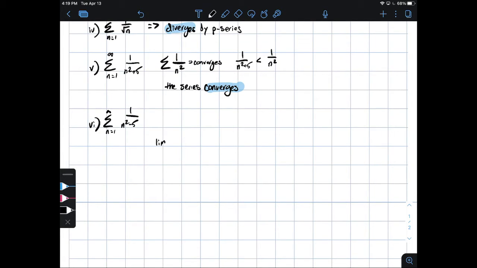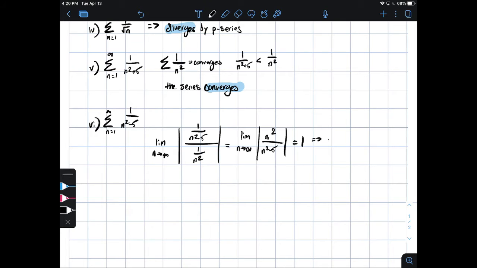We're going to say that the limit as n approaches infinity, with absolute value, of 1 over n squared minus 5 over 1 over n squared is equal to the limit as n approaches infinity of n squared over n squared minus 5. And clearly this limit is going to equal 0. Sorry, it's going to equal 1. And because this limit equals 1, we can say that it converges.